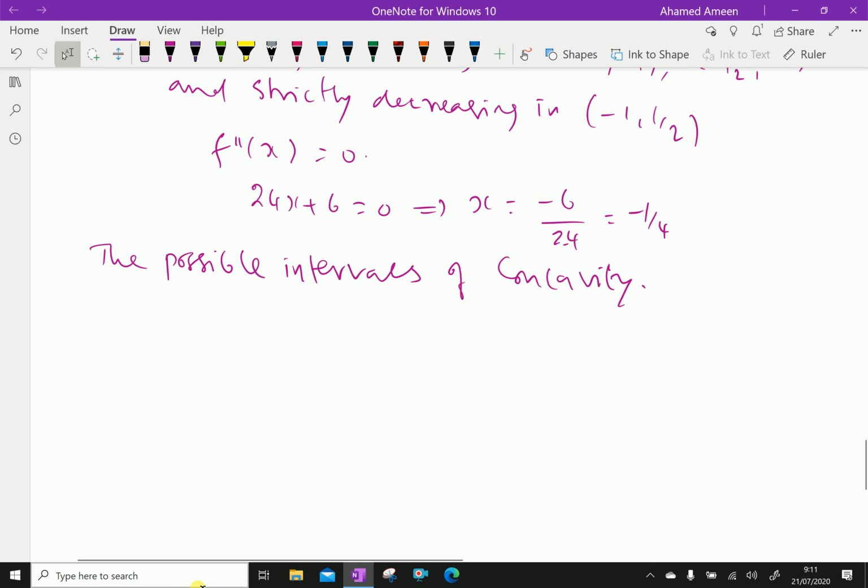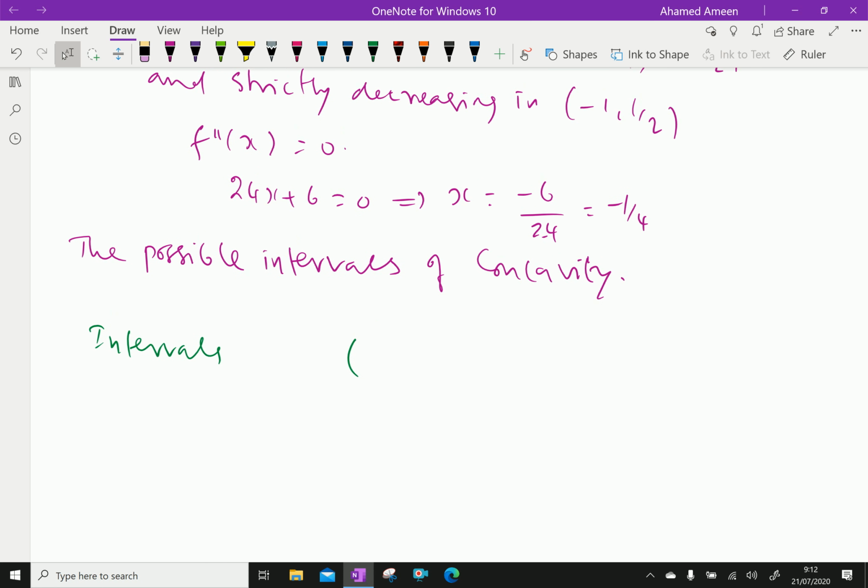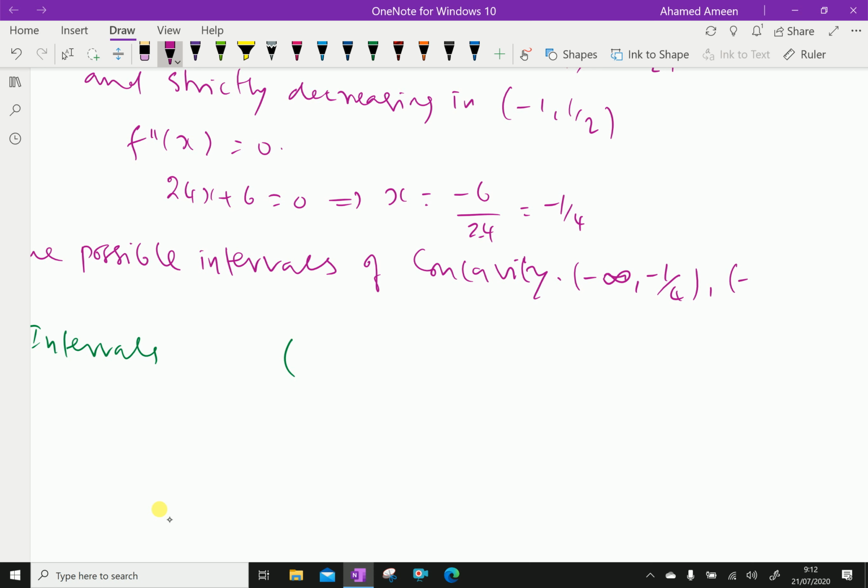Now let us talk about the new intervals. The possible intervals of concavity are minus infinity to minus 1 by 4, and minus 1 by 4 to positive infinity.